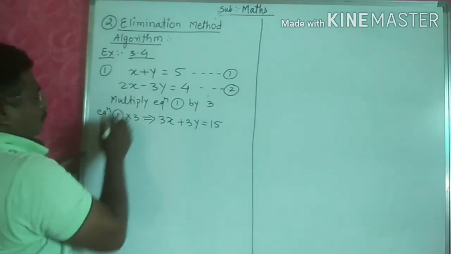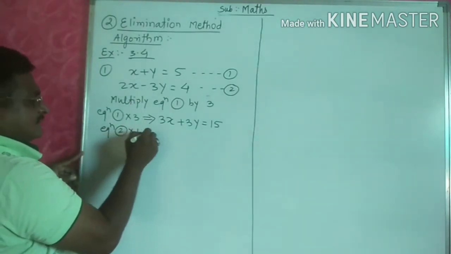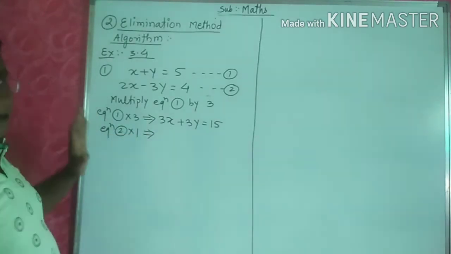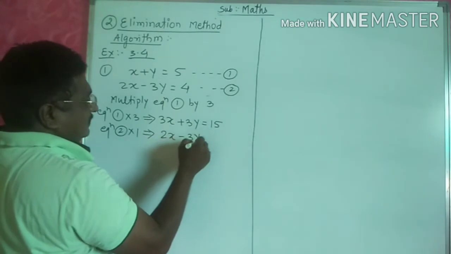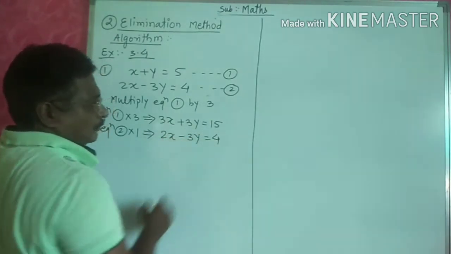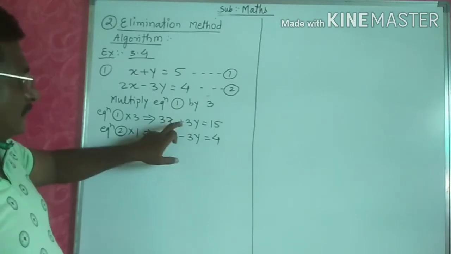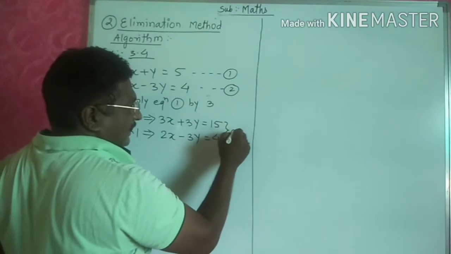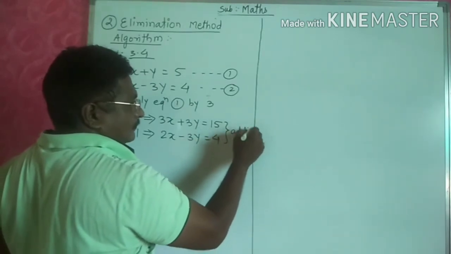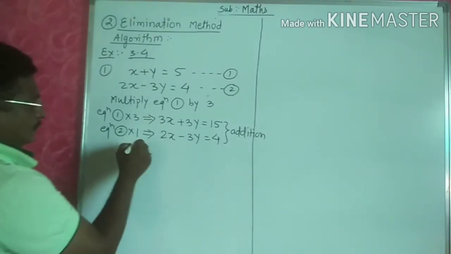Then equation 2 stays as it is, multiplied by 1, so we get 2x minus 3y equals 4. Now see, the coefficients are the same and the signs are opposite. So what has to be done? Addition. Add both the equations.